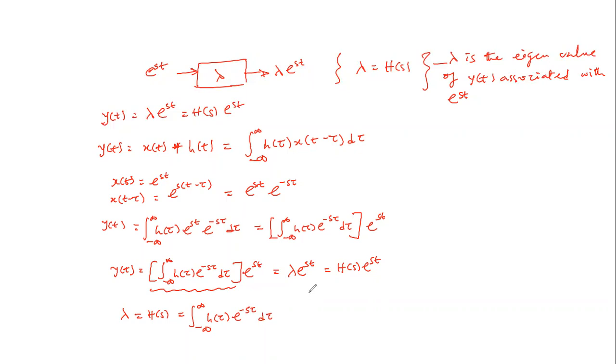Okay. Hence, the eigenvalue of the continuous time linear time invariant system associated with the eigenfunction is the same as H of s, which is the Laplace transform of h of t.